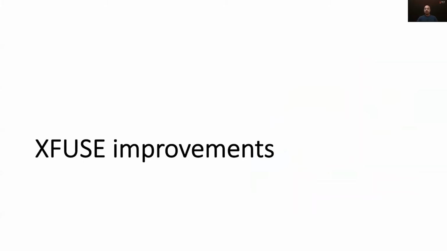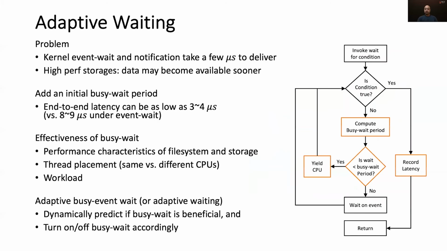Now let's look at the improvements in XFUSE. During XFUSE request processing, kernel event wait and notification take a few microseconds to deliver. For high-performance storage devices, data may become available sooner than the overhead of an event wait.